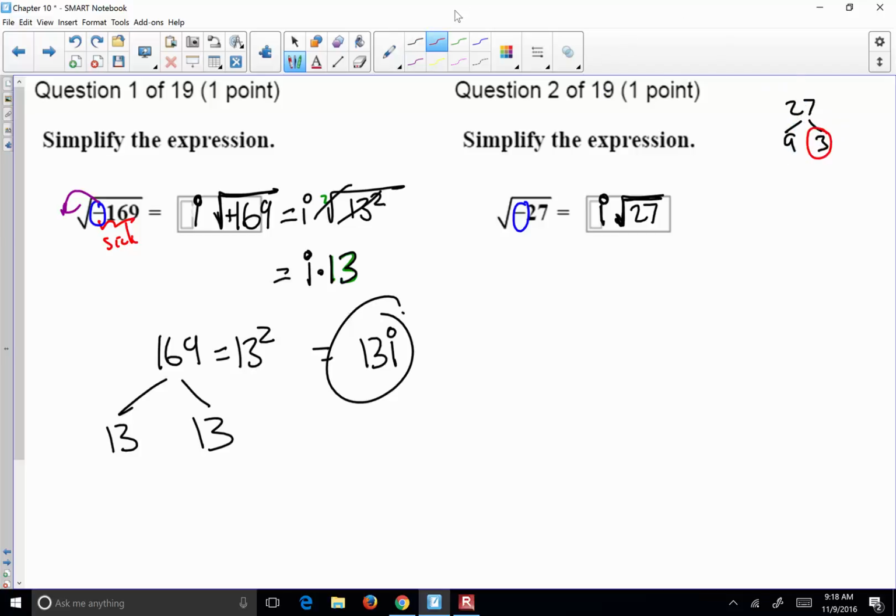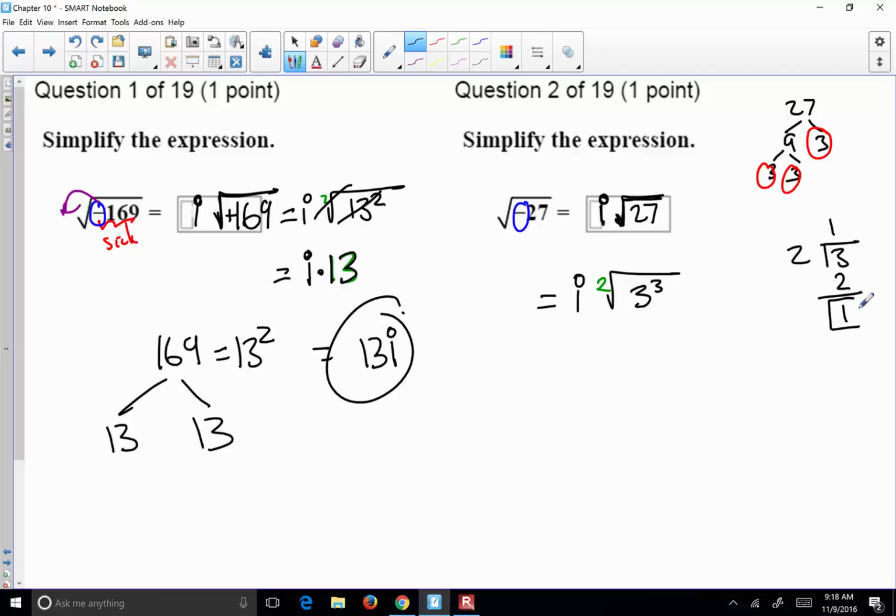What else? 3 is locked. 9 can be split into double threes. So we have a triple 3 situation here. And the guard only demands 2. How do you save 3 out? 2 goes into 3 how many times? 1.